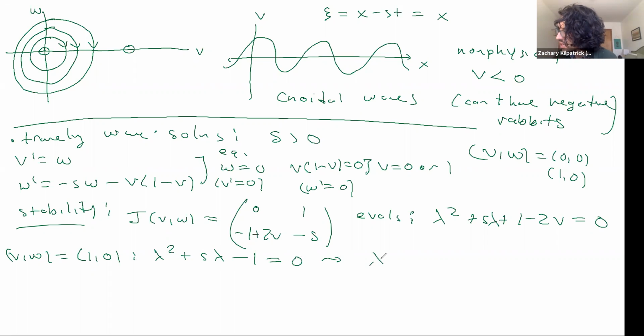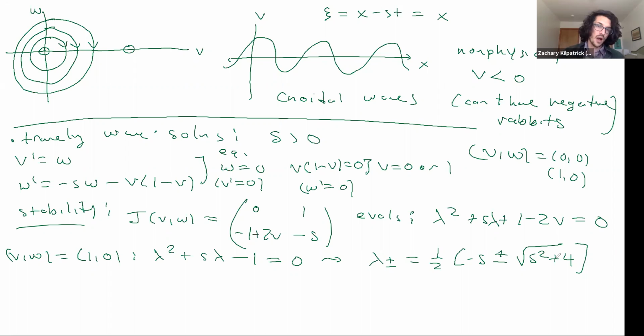So that means that lambda plus or minus is equal to, just quadratic formula, minus s plus or minus the square root of s squared plus 4, over 2. This thing's always bigger than s, so you're always going to have one positive and one negative eigenvalue, okay? So we have a saddle for (v, w) equals (1, 0).